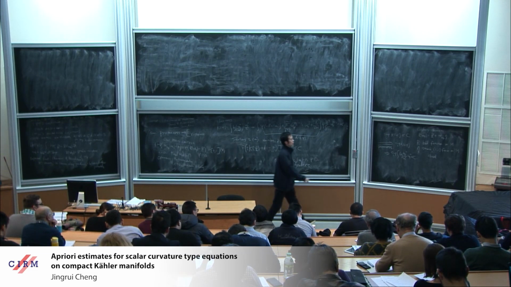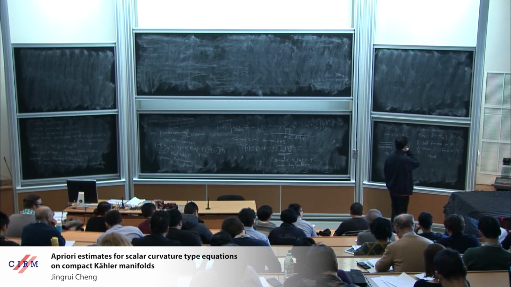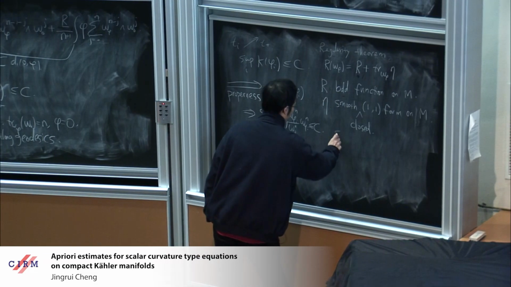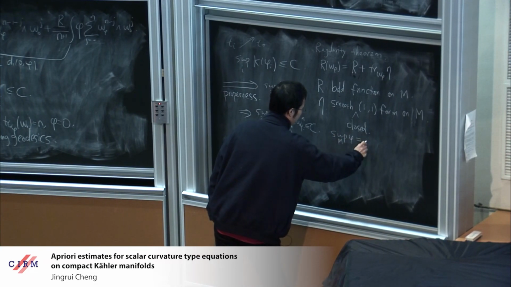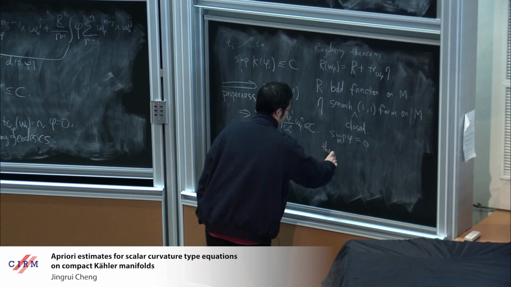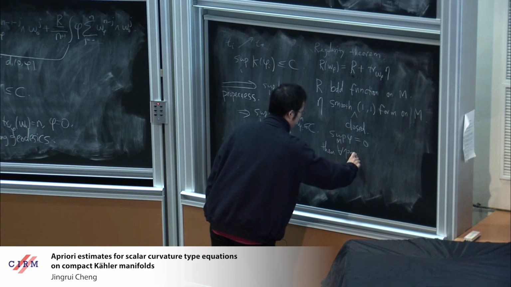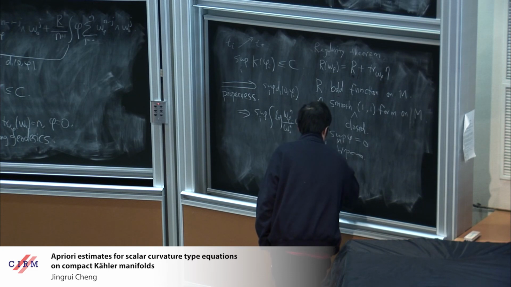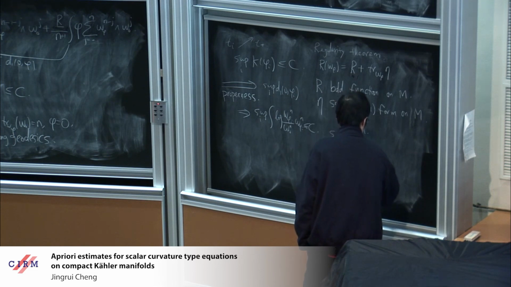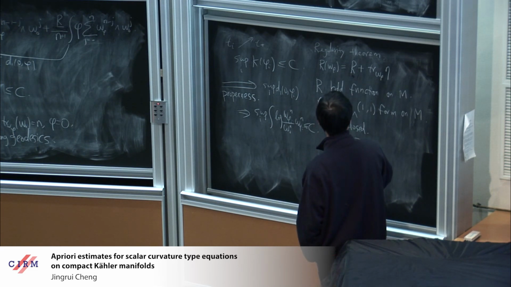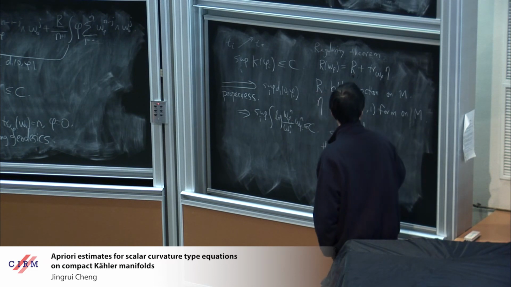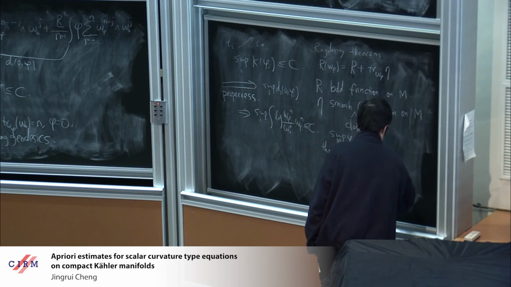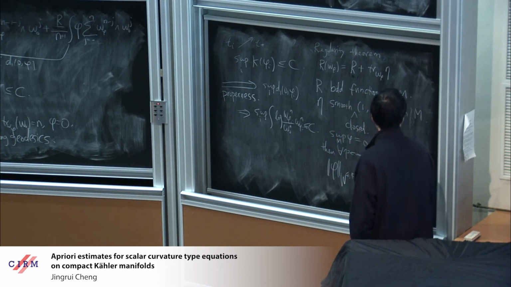And then the estimate states the following. Suppose you normalize the potential so that sup equals 0. Then you have uniform estimates up to W^{4,p}, less than or equal to a constant which depends on p, and also on the absolute bound of the function R, that is the C0 bound of the function R, and also the C0 bound of the (1,1)-form eta.